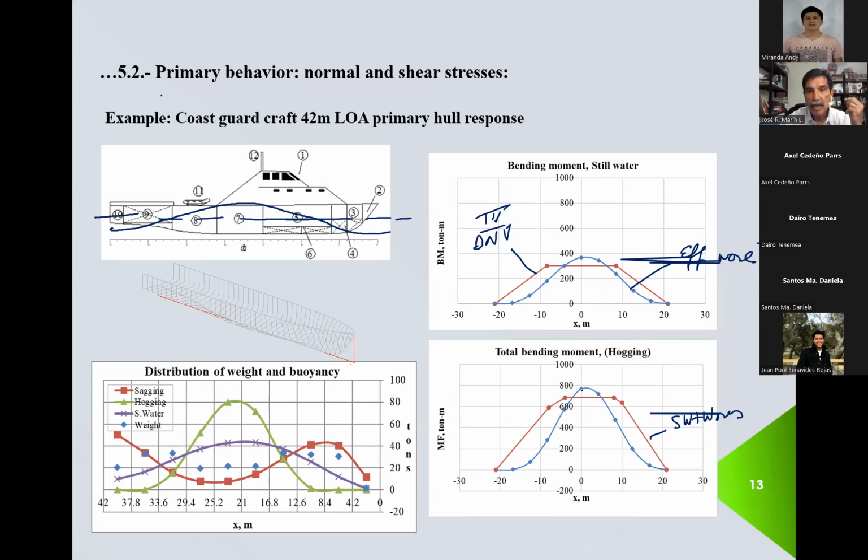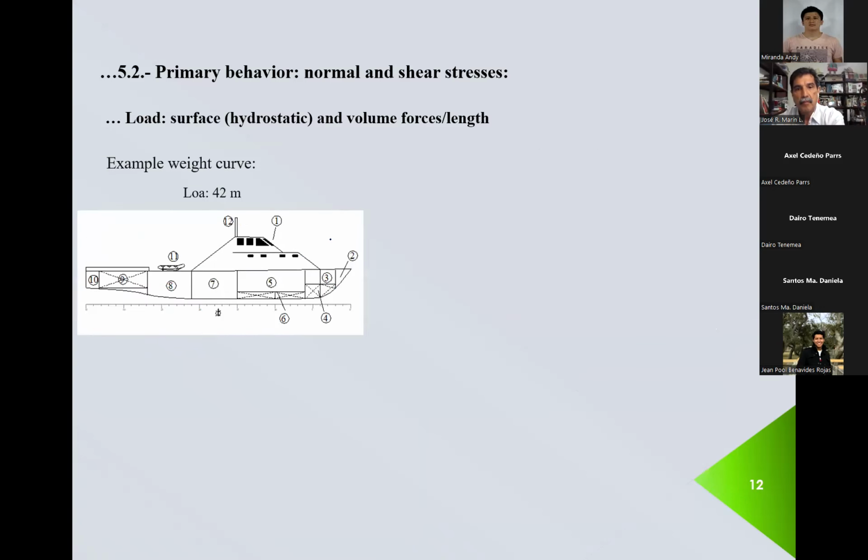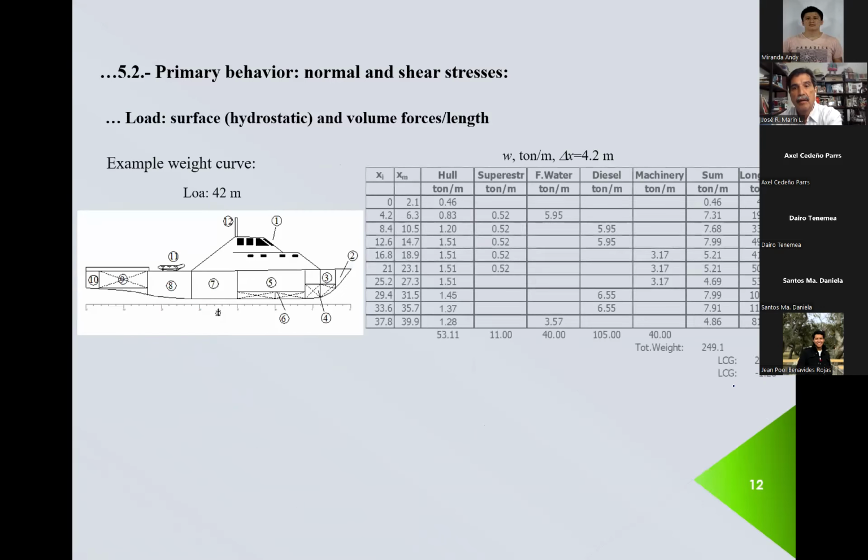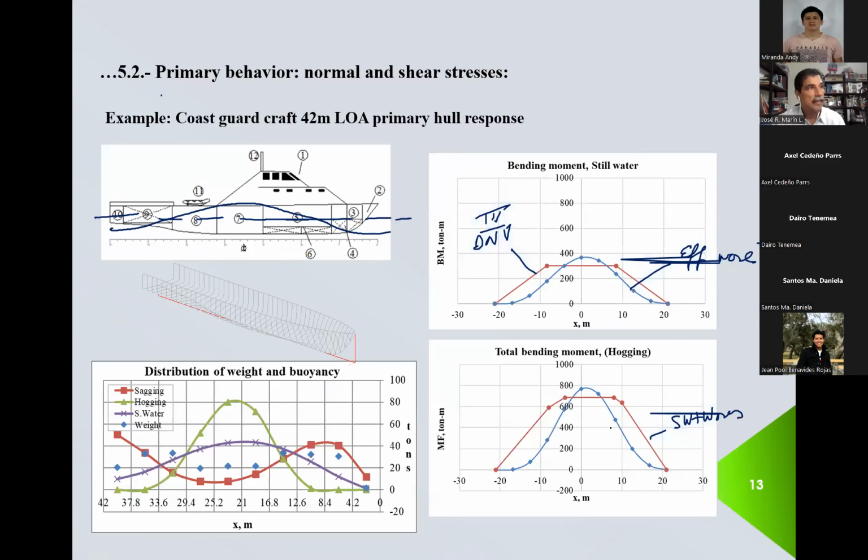So here, the blue line is the result of the integration in this condition. So you have together the effect of the wave plus the effect of the still water. So if you want to compare, what you have to do is you have to calculate, let me go back. You have to combine these two curves in order to compare. That's what you see here.